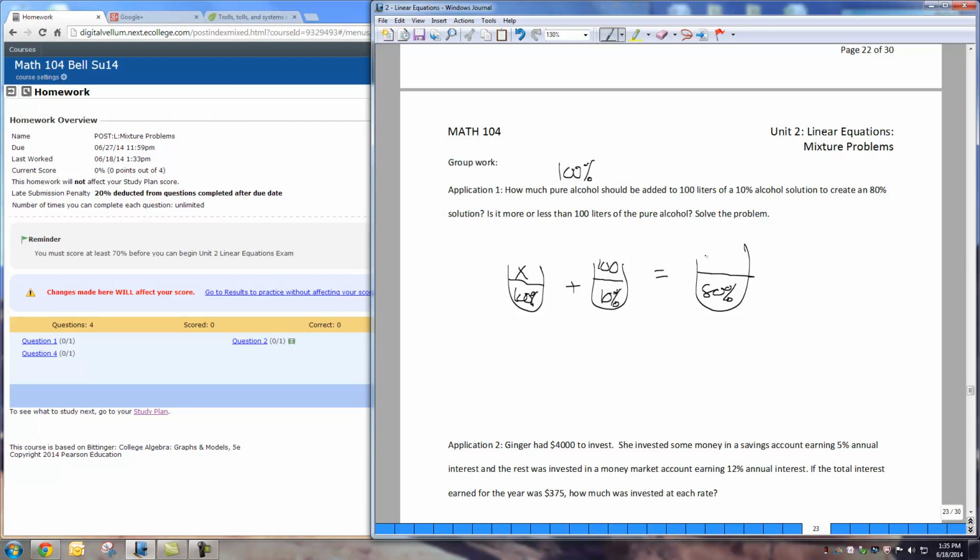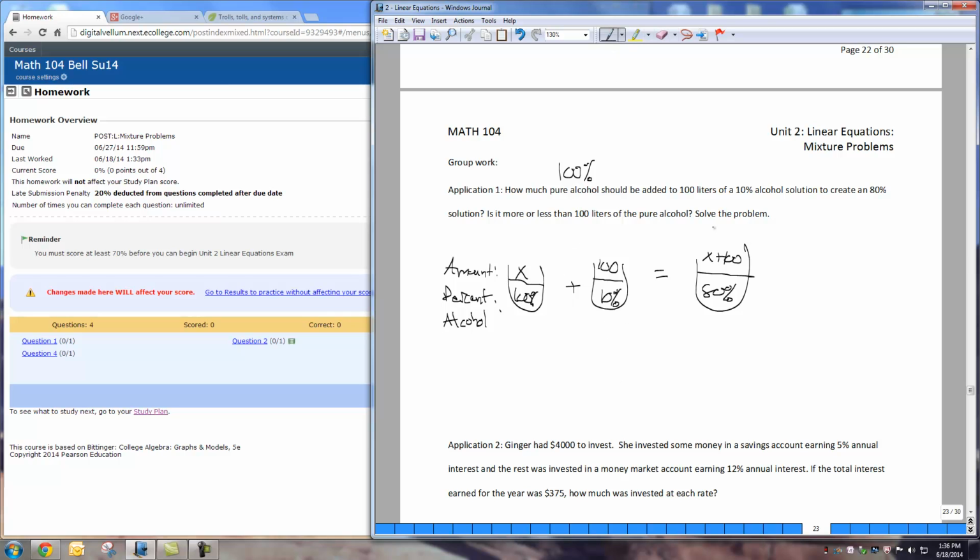So my final amount has to be x plus 100. These two amounts added together. Once again, it's amount versus percent alcohol. Okay? So your 2 equations are your top level. Well, in this case, you don't have 2 unknowns, so there's only 1 equation, because you don't have an x and a y.